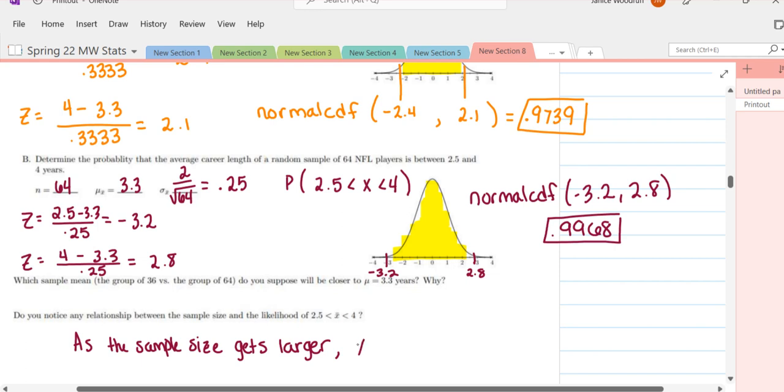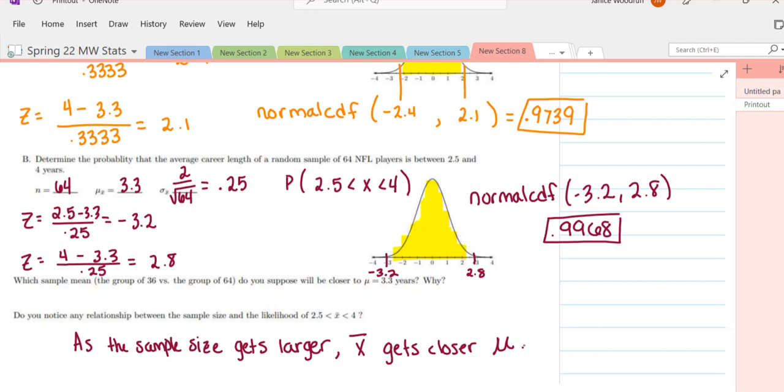So we say here that x bar gets closer to mu, which means the sample mean should get closer to the population mean, because you're getting more people in the sample. It will get closer and closer as that gets larger.